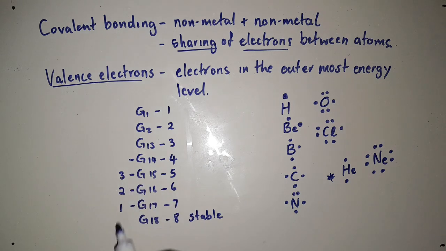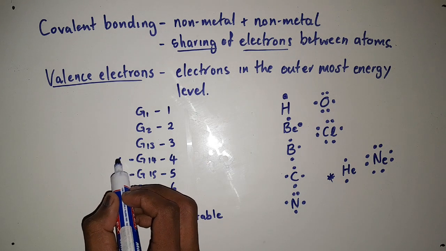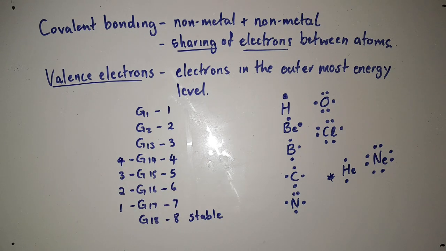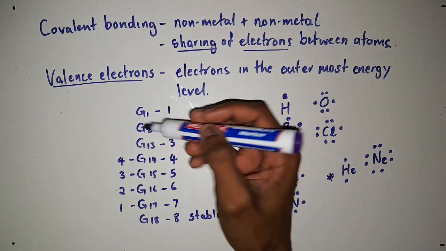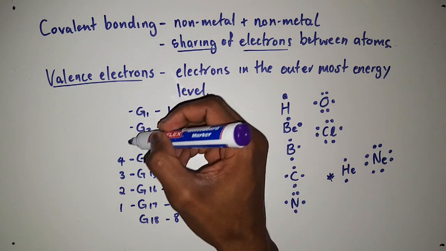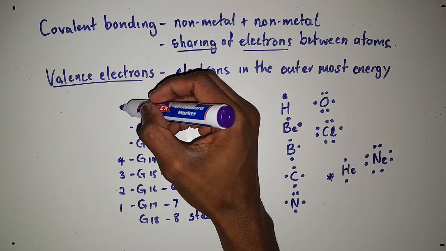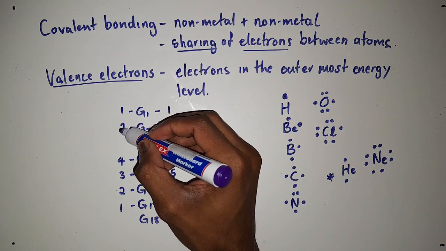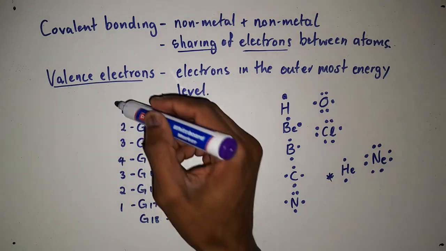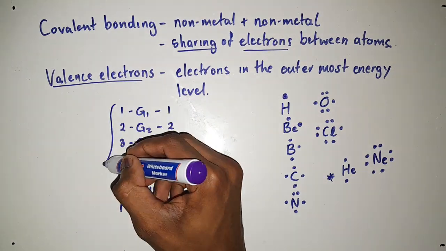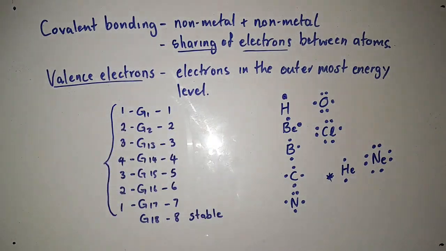As for group 14, they are going to have 4 bonds. As for group 1, group 2, and group 13, they mainly consist of 1, 2, and 3. This side represents the number of bonds.